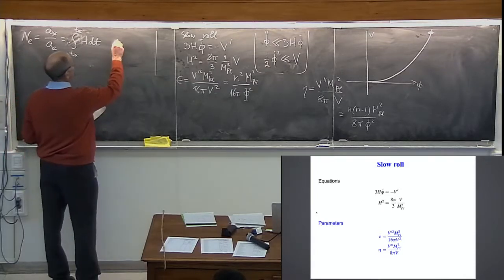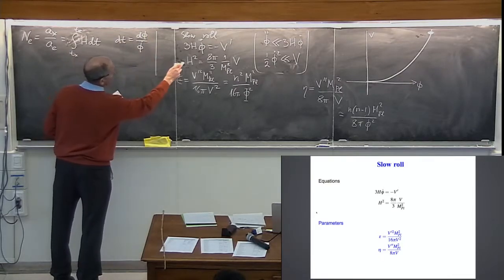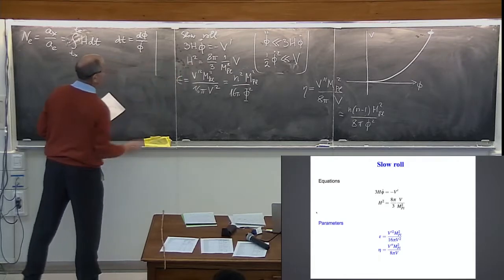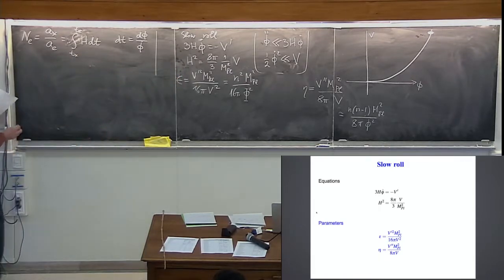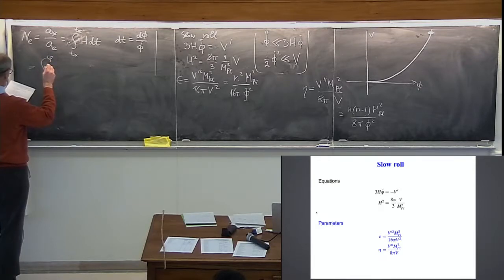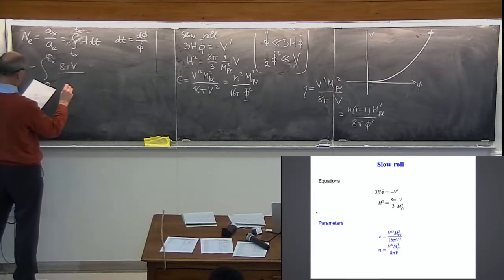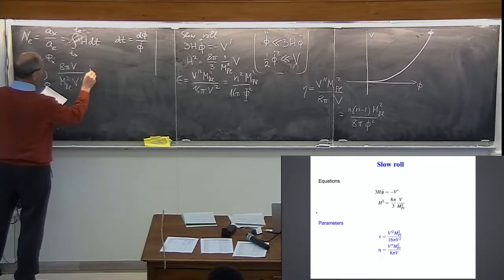Since dt is d phi over phi dot, you know what phi dot is from here, you know what H is from there, and you end up with the relation that it's equal to the integral from phi end to phi crossing of 8 pi V over m Planck squared V prime d phi.